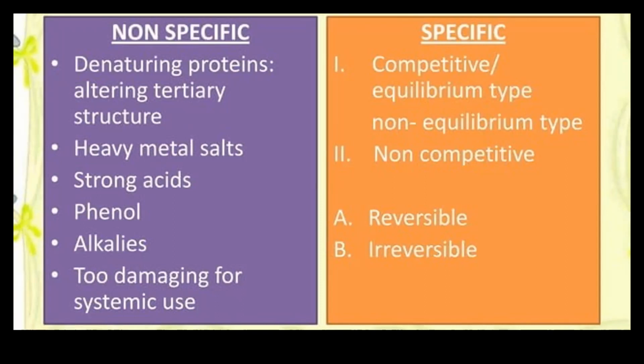Some chemicals such as heavy metals, strong acids, alkalis, formaldehyde, phenol, etc. denature the protein and inhibit all enzymes non-selectively. This kind of enzymatic action is non-specific, and it has limited medicinal value, restricted to external application only.